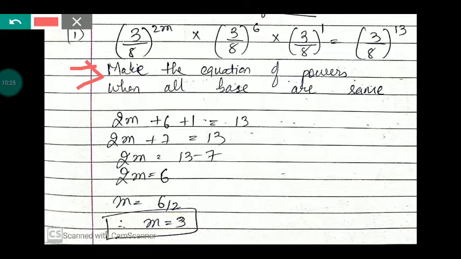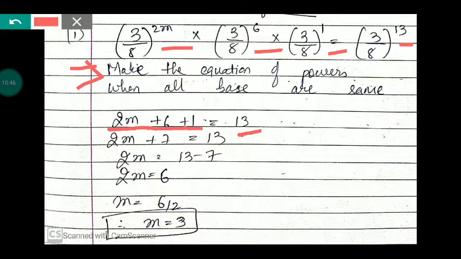How? As these three are in multiplication, the powers of these three are added. So 2m plus 6 plus 1 is equal to 13. Only the powers are equated, only when the bases are same. Keep these things in mind.